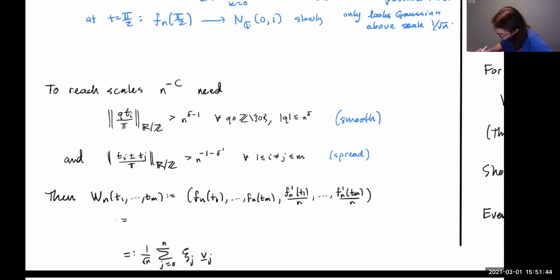Because if you recall, Fn is a polynomial with coefficients Cj. So this is just 1 over, I guess it was actually n plus 1.